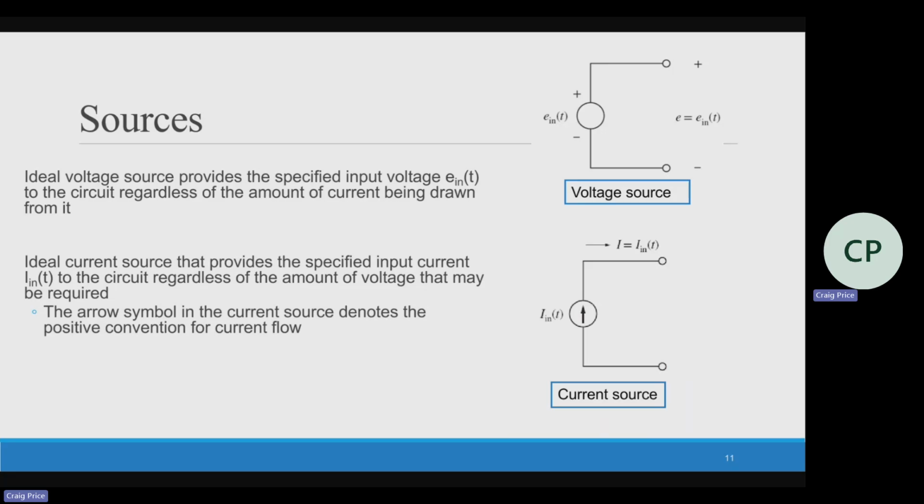So you just got to be careful when you're setting up your problems. You only have one input. I can't have both an E in and an I in. Okay. And then it does show you direction. Typically, we draw our circuits like this, where current is flowing up and then to the right. That's what you'll see.